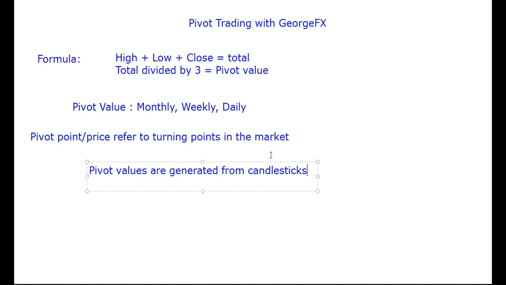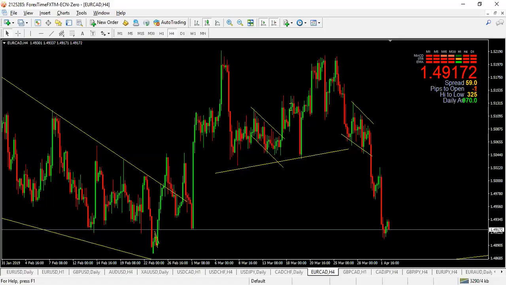Can you see the information I'm dropping? Yeah, I'm seeing them. So this is just a simple approach. Just having all this information at the back of your mind, we're going to quickly use Euro USD to calculate from the candlestick.